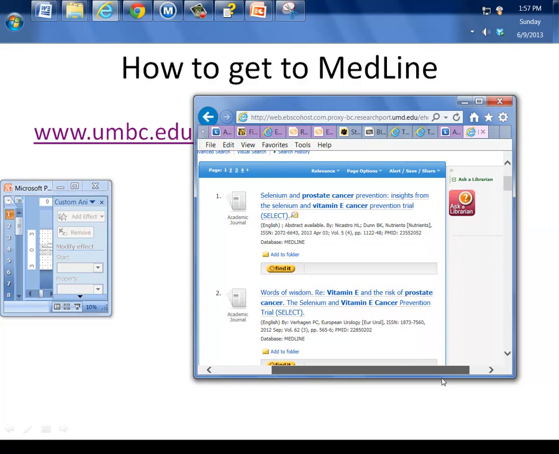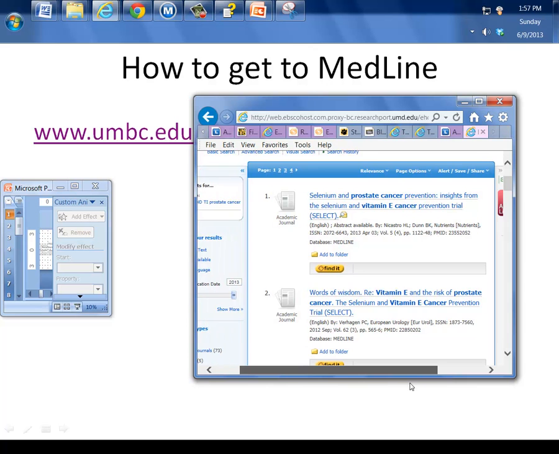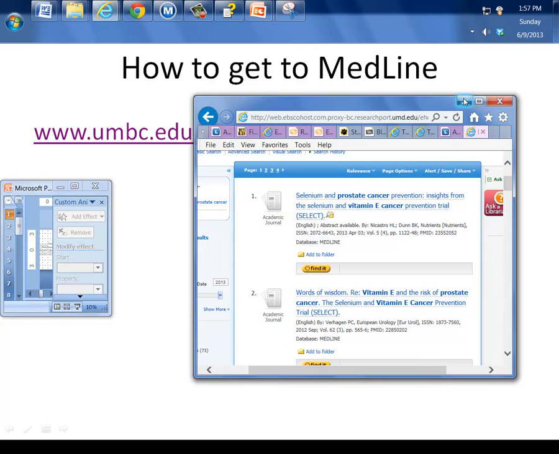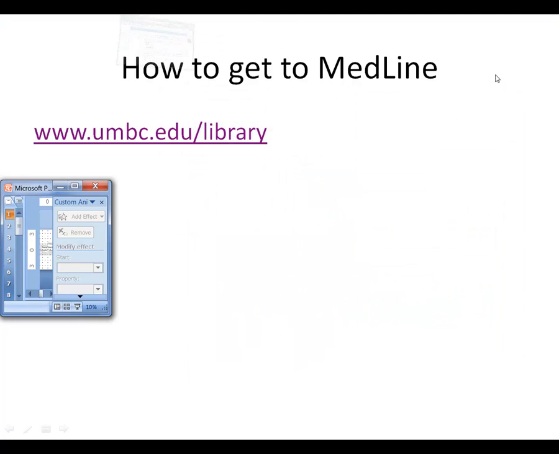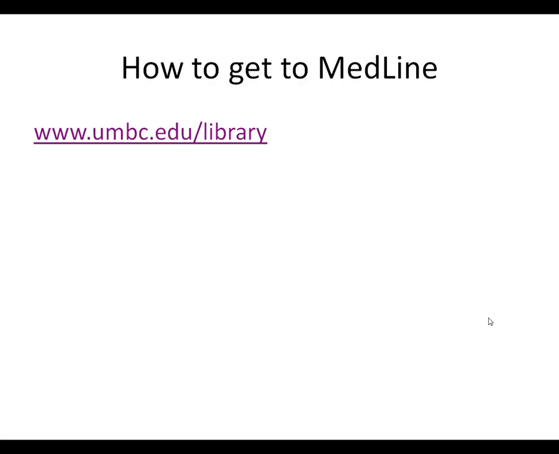Okay. And later on, we are going to be doing that and looking a little bit more. All right, so that is how you go about finding scholarly, peer-reviewed articles on a topic.